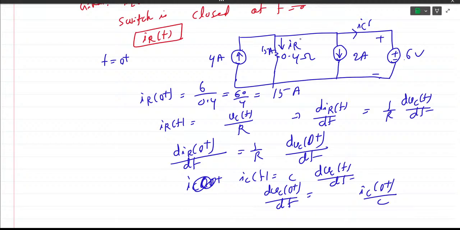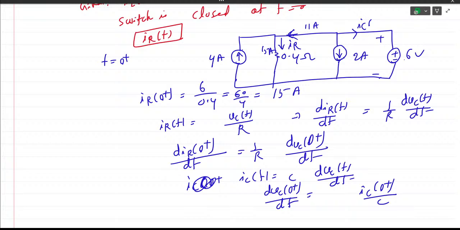That means how much current is coming here? This is the 4 ampere coming here, going to 15 ampere. That is 11 ampere here, in this direction 11 ampere. Here the 2 ampere.